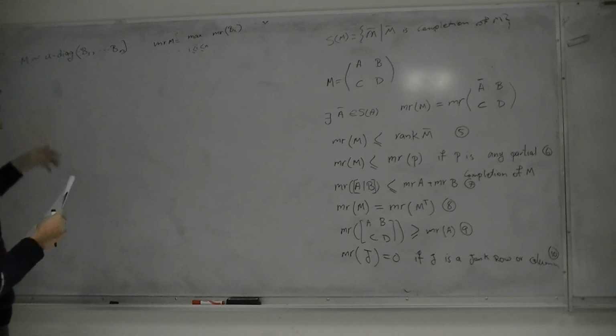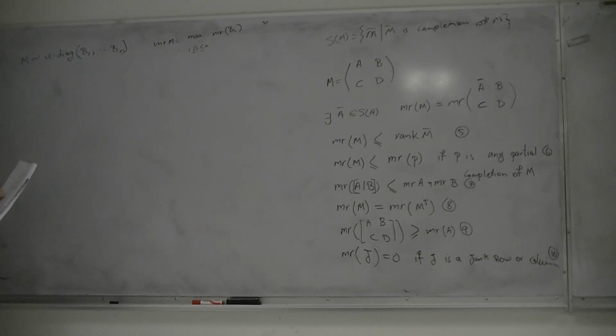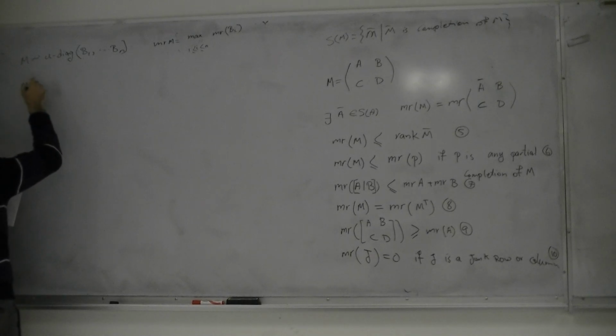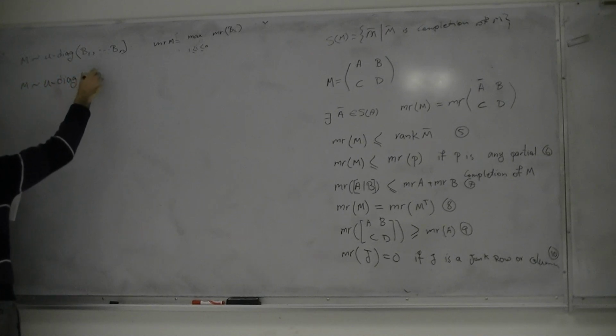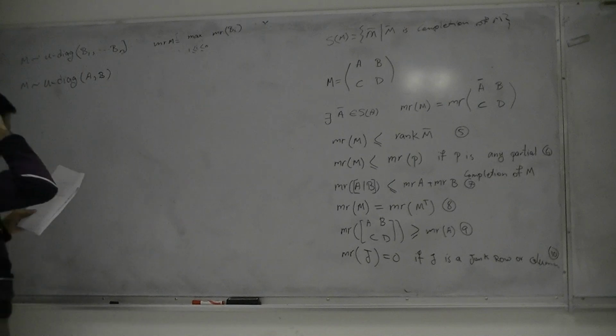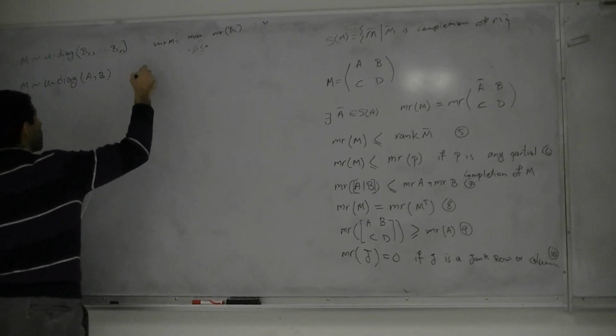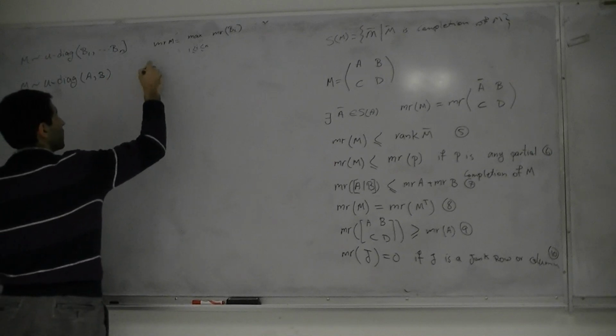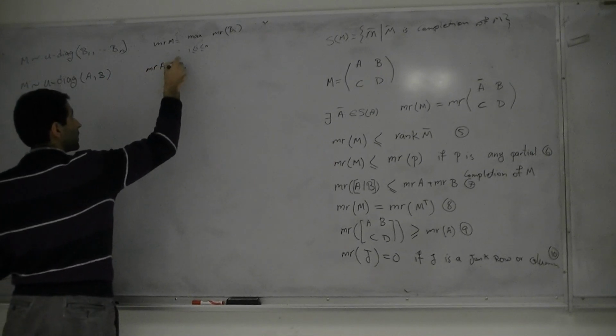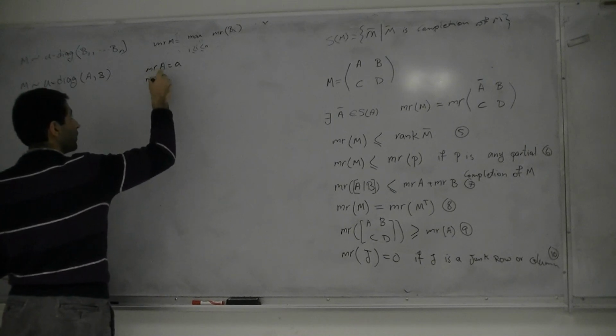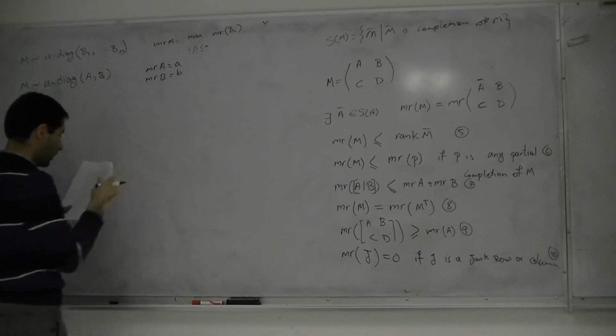For the proof of this one, we can show, for example, if we have an M, it's the unknown diagonal of A and B, where the minimum rank of A is a small a and the minimum rank of B is equal to a small b.